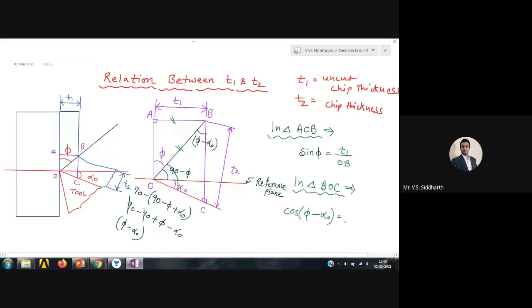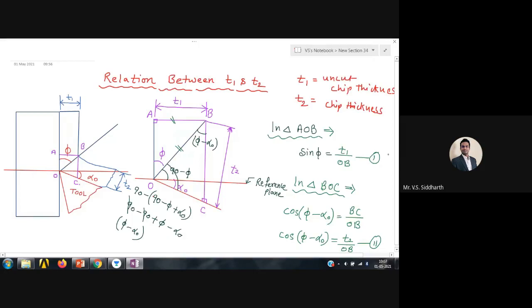What is cos phi minus alpha naught in triangle BOC? BC upon OB. Very good. So cos phi minus alpha naught is BC upon OB. BC is T2 upon OB. This is my equation number 2. This is my equation number 1.